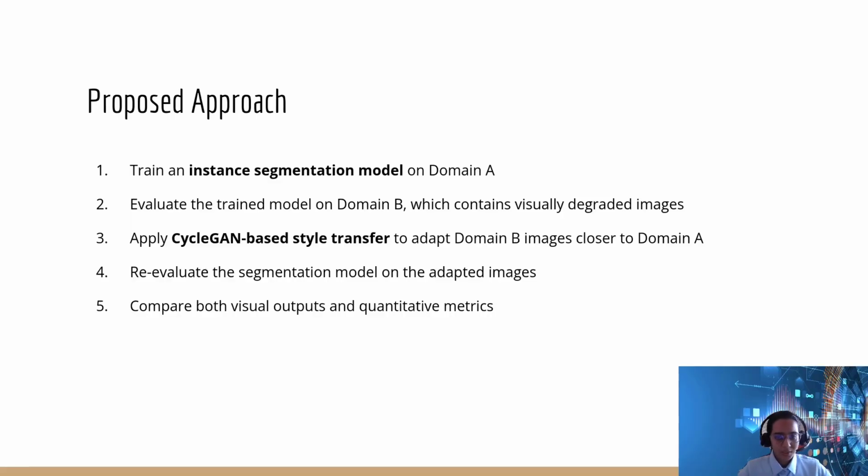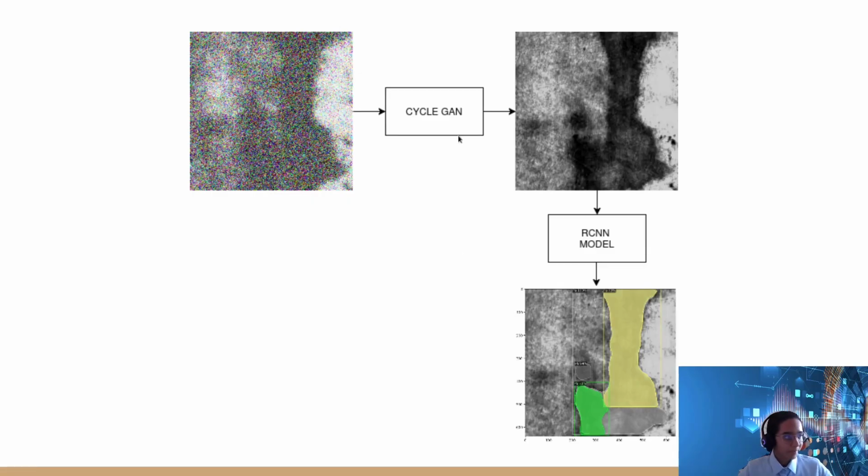So the proposed approach is we train an instance segmentation model on the clean images from domain A. Evaluate the trained model on domain B, which contains the messy images. Apply a CycleGAN based style transfer to adapt domain B images closer to domain A before giving them to the RCNN model. Re-evaluate the segmentation model on the adapted images. Compare both the visual output as well as the metrics.